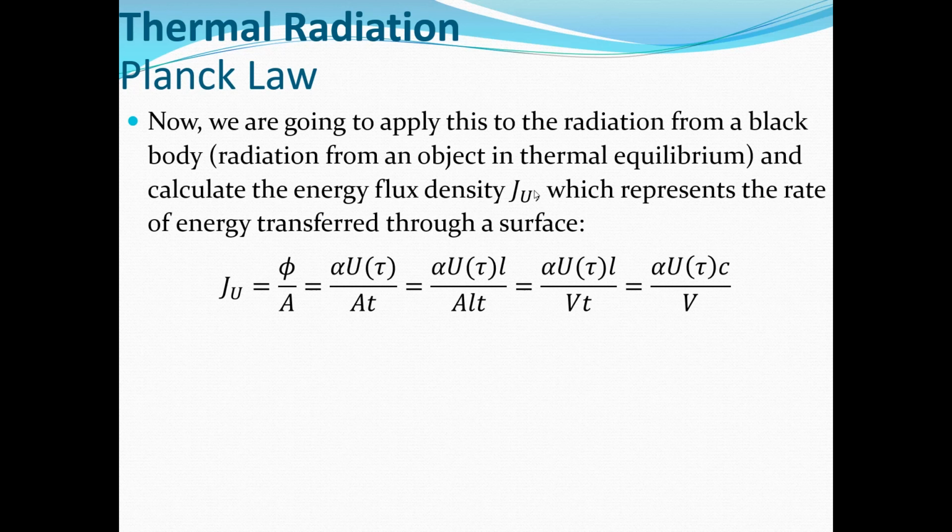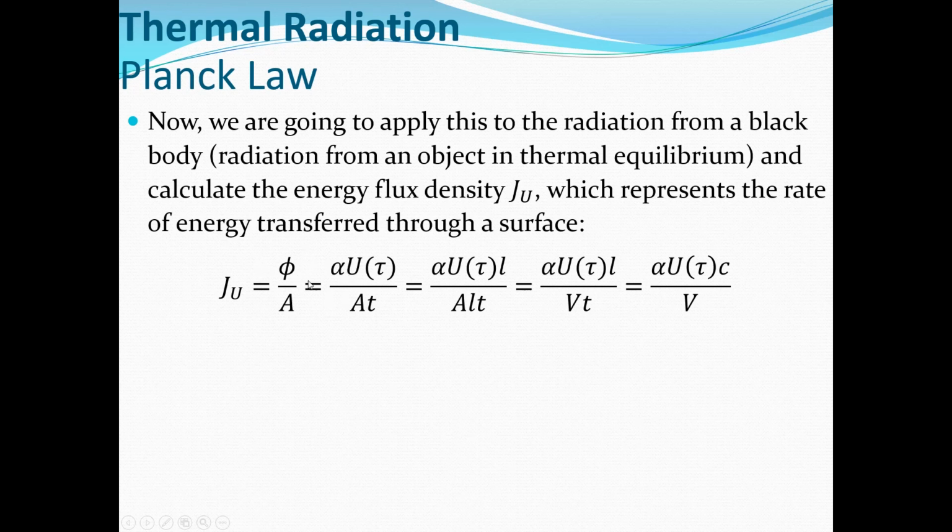That energy flux as it goes out is going to be pretty much consistent. So here we have the energy flux density. This is our actual energy flux term, and then this is the surface area that it's passing through.